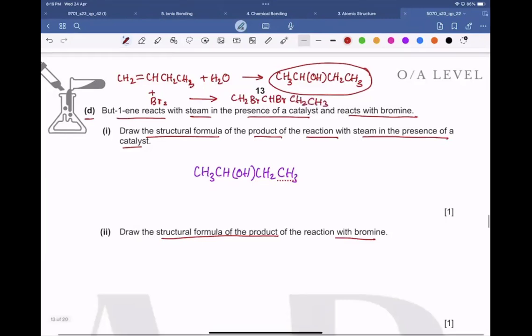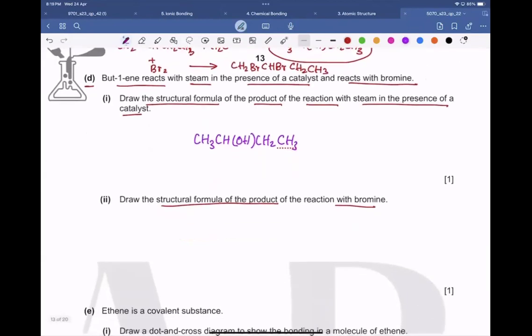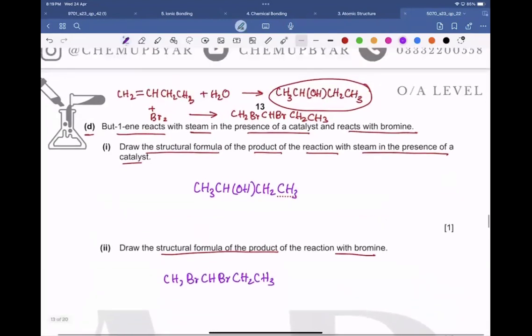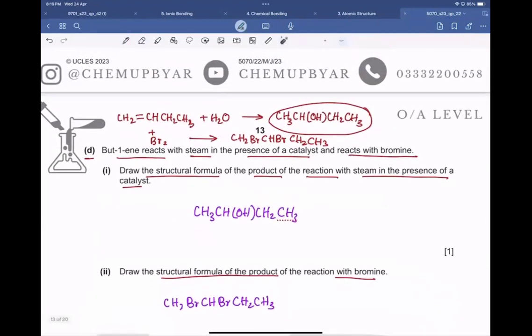So these are the addition reactions. Yes, very good, Josefa. So the formula would be CH2Br, CHBr, CH2, CH3. Is this clear? Because you are reacting with bromine. Bromine is diatomic, it's Br2, right?